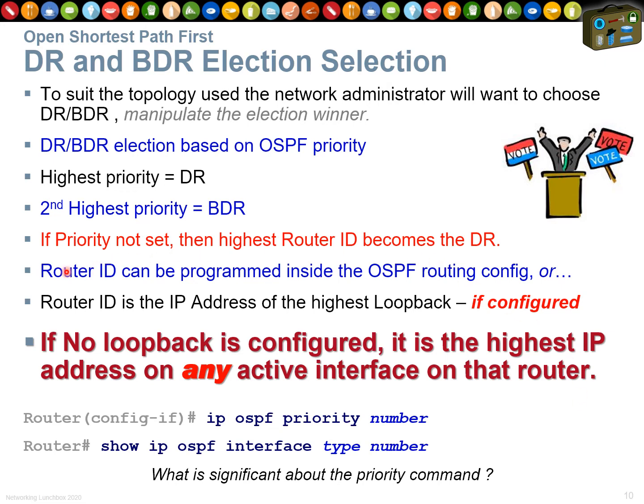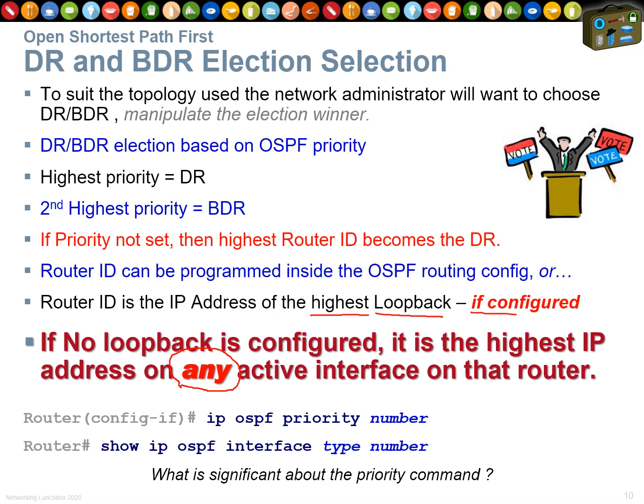Now, the router ID can be generated by programming it inside the OSPF process. It will look at all the loopbacks you've got, if you've got any loopbacks, and it will take the highest IP address from any loopback. And if there are no loopbacks configured, it would use the highest IP address on any active interface.